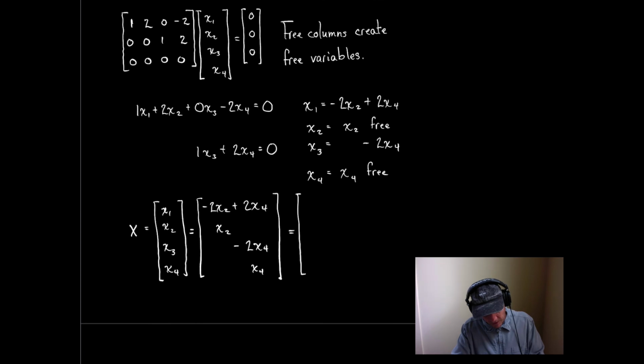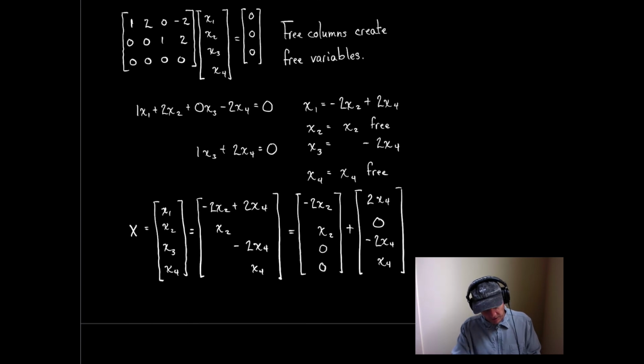This is minus 2x2, x2, and then I don't have any x2 in the third or fourth component, plus then I have 2x4. I don't have any x4s in the second component. I have a minus 2x4 in the third component. I have x4 in the fourth component.